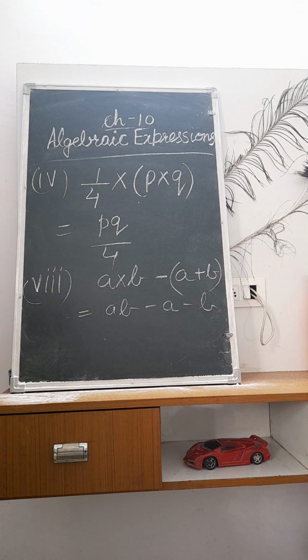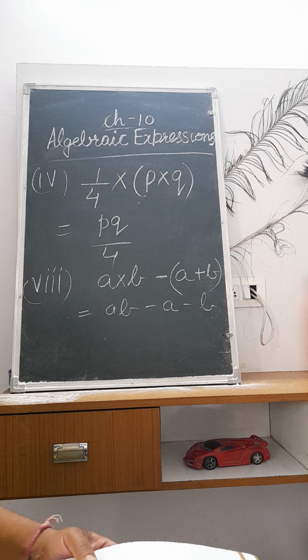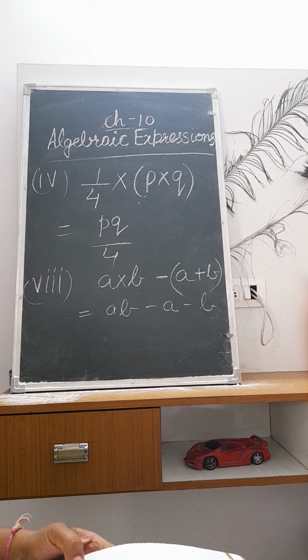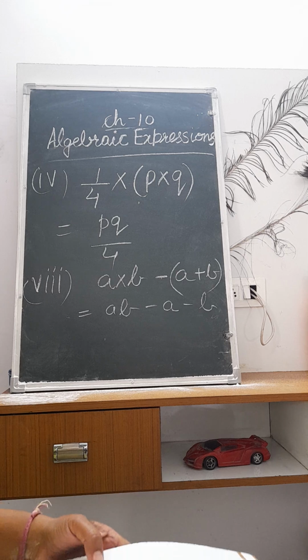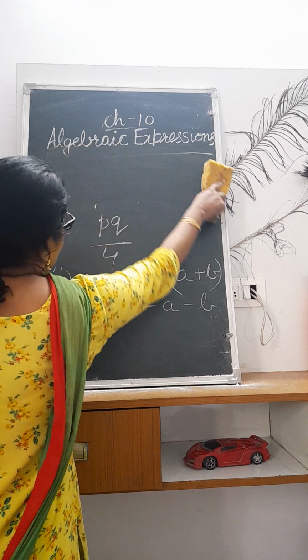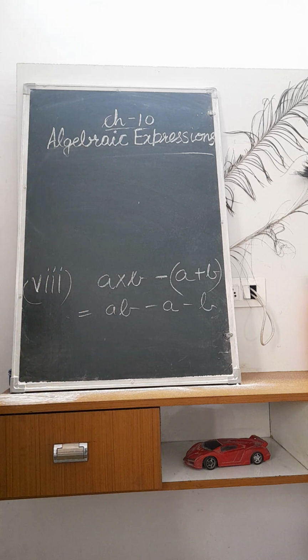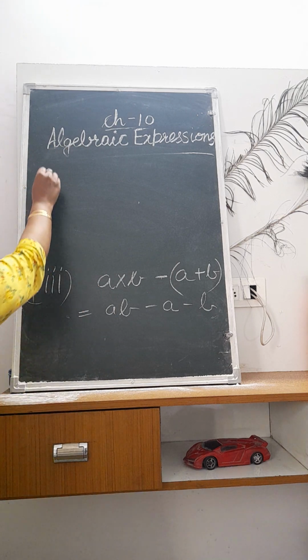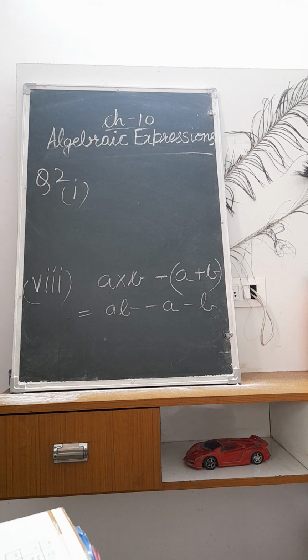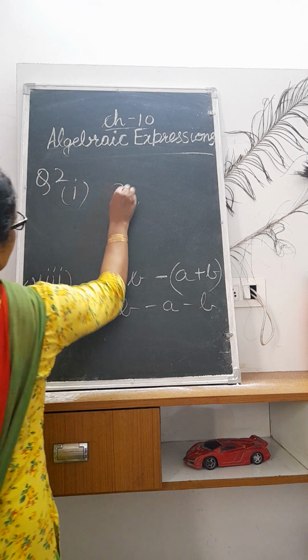Now students, question number 2: identify the terms and their factors in the following expressions. Show the terms and factors in tree diagrams. We have to write down the factors in tree diagrams. First part: x minus 3.